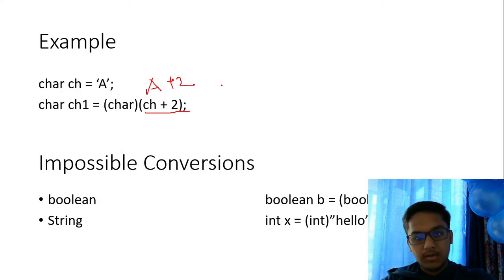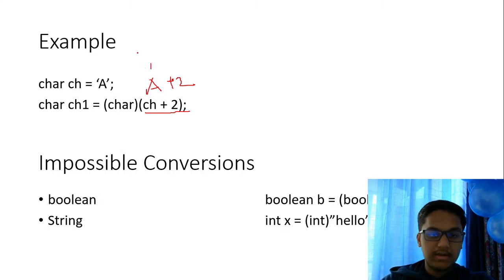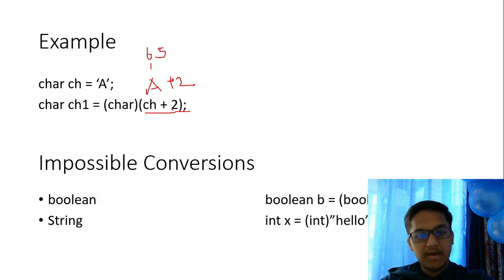So what Java will do internally, it'll do implicit type conversion. It'll convert this capital A into its equivalent Unicode character form, which is 65. This is implicit type conversion from character to integer. So it'll be 65 plus 2, which will come to 67.